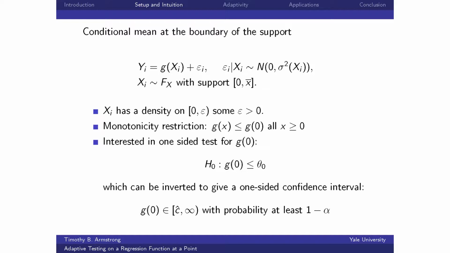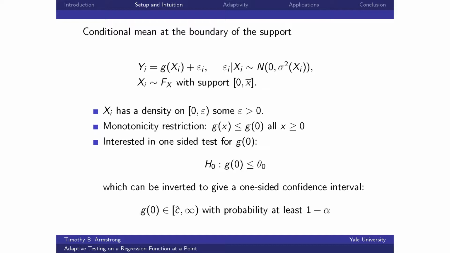But just to get the idea of what's going on, let's suppose that we'll get some exact finite sample results. So we'll assume that we have normal errors with a known variance conditional on x, and in fact I'll just make it constant through a lot of the talk. Xi has a density, or actually there's an additional assumption that it has a positive density bounded away from 0 on the set 0 to epsilon.